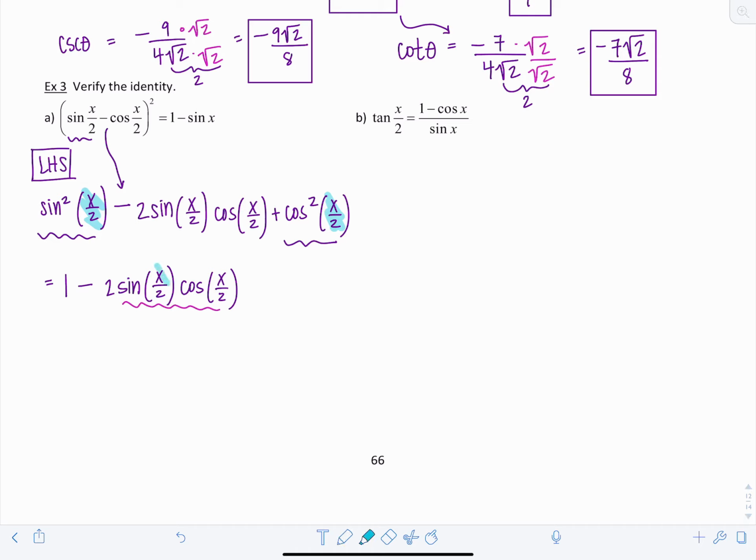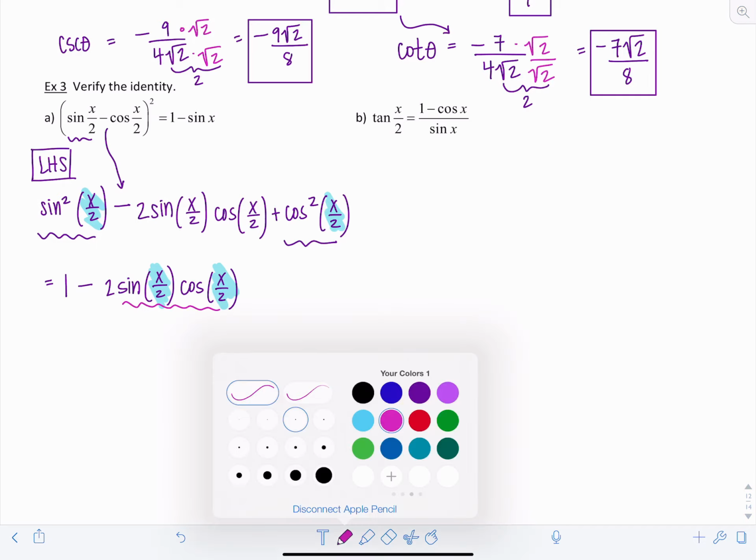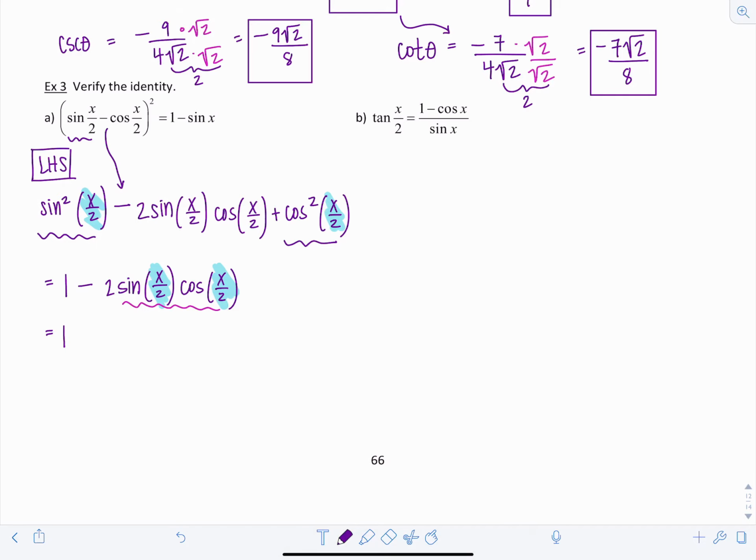That's your sine double angle identity, right? So I can replace that with 1 minus, no more 2, now it's sine of 2 times x over 2. And then we're basically done because this is 1 minus sine of x. 2 times x over 2 is x, and that is the right-hand side, people. So that one's done.